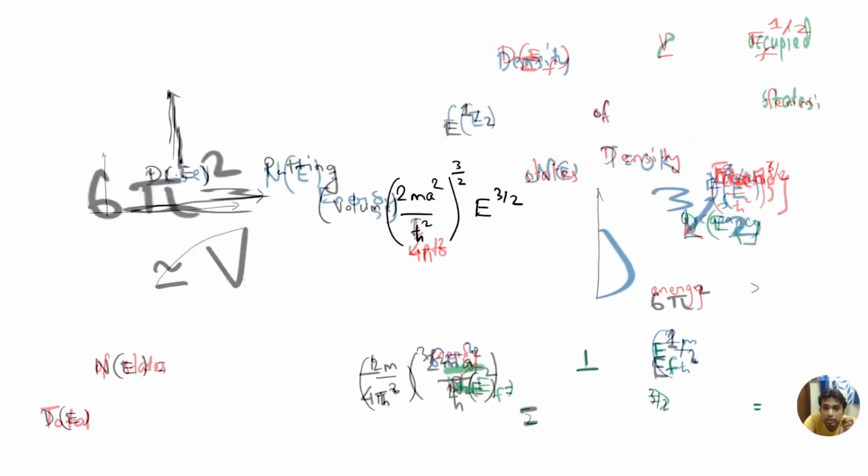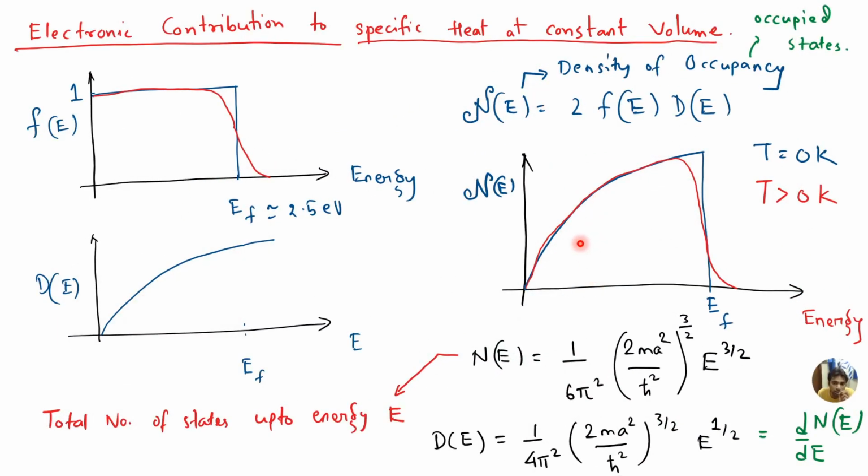Why particularly? Because we have seen qualitatively that what contributes to the electronic specific heat are the electrons which are closer to EF, not those too deep within EF. Because if you try to excite an electron from there, it will have no energy level to go up to.